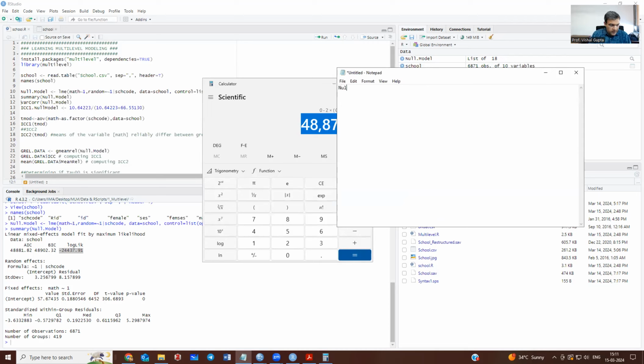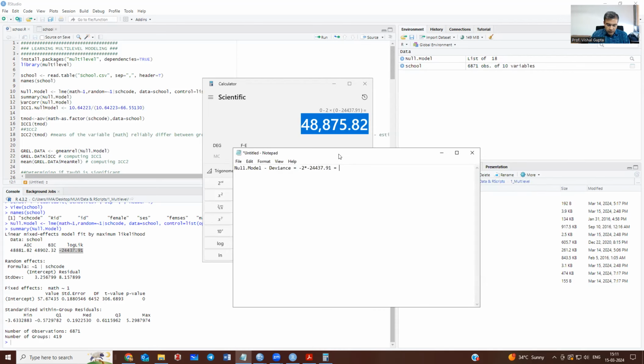So let's say null.model.deviance is equal to minus 2 times minus 24437.91, which is equal to 48875.82. That is the deviance of the first model.